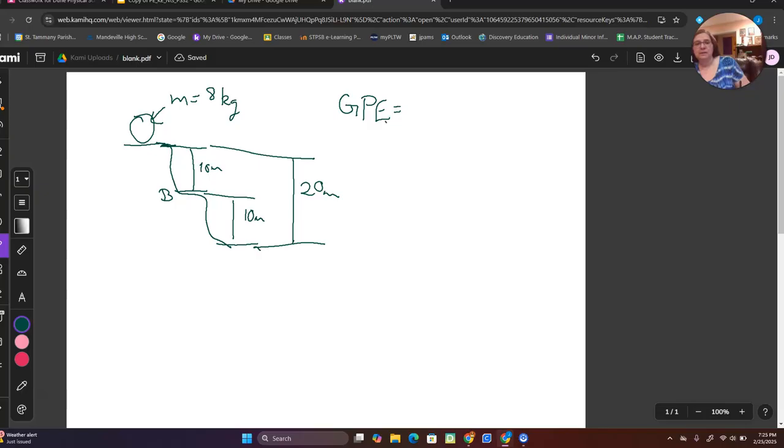I'm going to call this potential energy B. We know the equation for gravitational potential energy is mgh, where m is the mass, g is the gravitational acceleration of 9.8 meters per second squared, and h is the height. In this case, it's the distance from the top to point B, which is 10 meters. And we know the mass of the boulder is 8 kilograms.